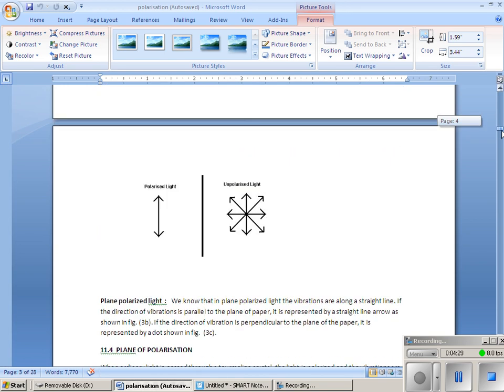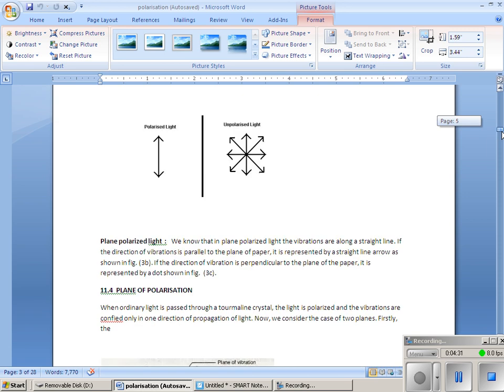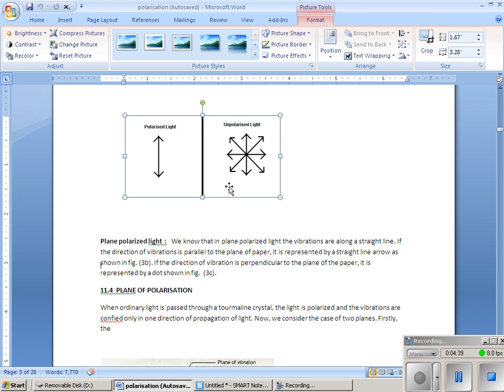Okay, so how can we represent polarized light and unpolarized light? Polarization means that the light acquires one direction, a single direction, and that is called polarized light. This is the representation of unpolarized light, because it travels in all directions: this direction, this direction, this direction.